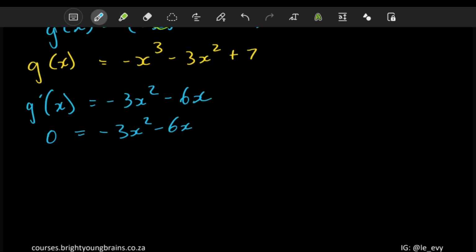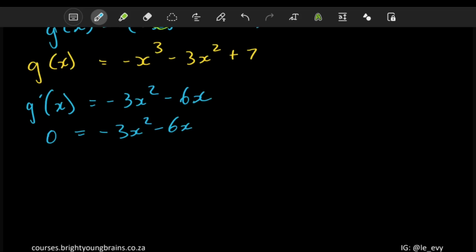Let's see here. The funny thing is, let me just work it out. I'm literally going to use the quadratic formula, because I want to show you something funny. Negative b plus or minus the square root of b squared minus 4ac, where a is negative 3 and c is 0.